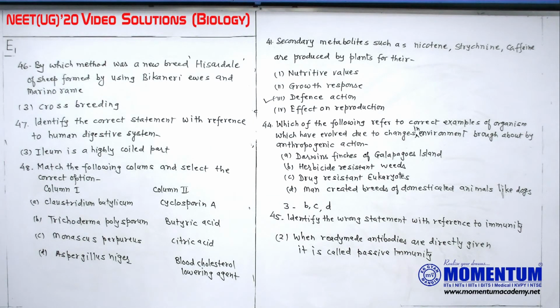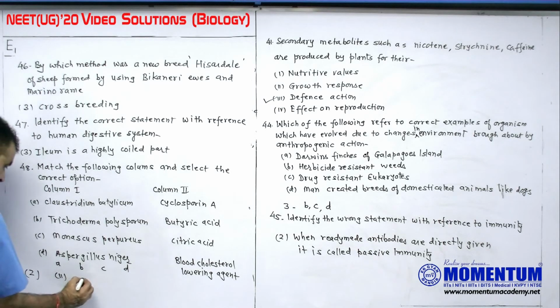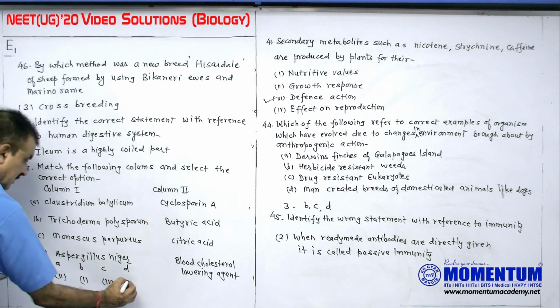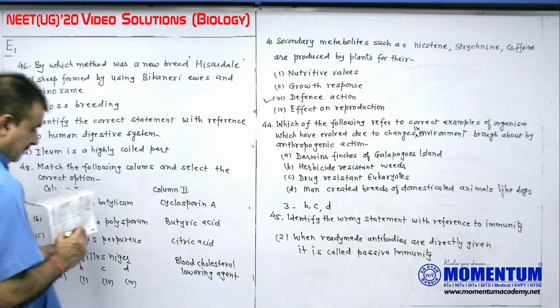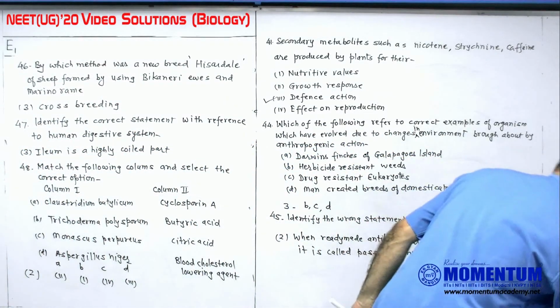Correct option will be the second one, that is 2, means under A, B, C, D, it is 2, 1, 4, 3, like this. That is the correct option.